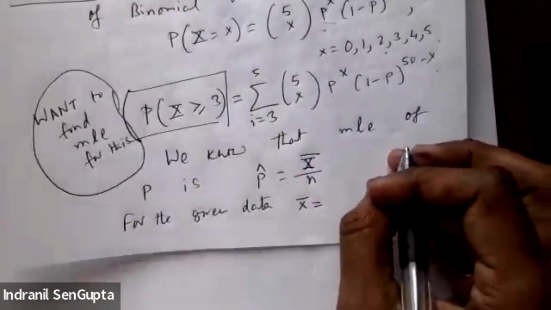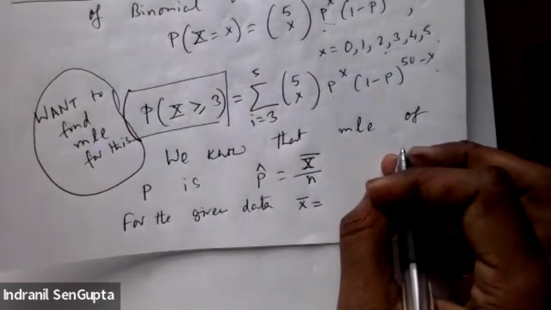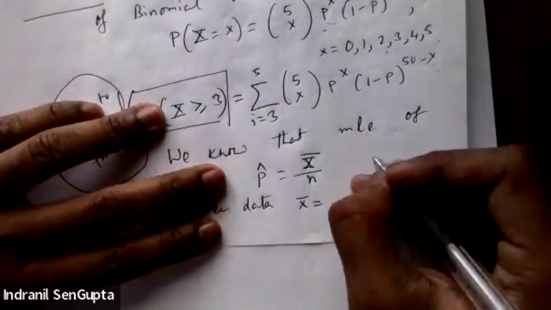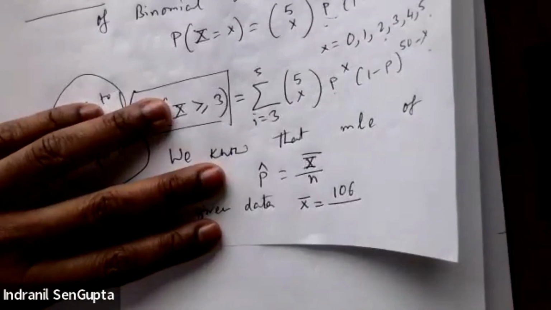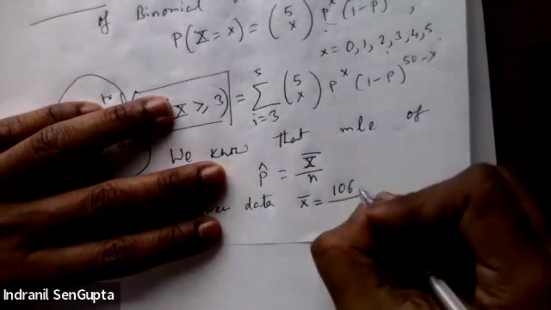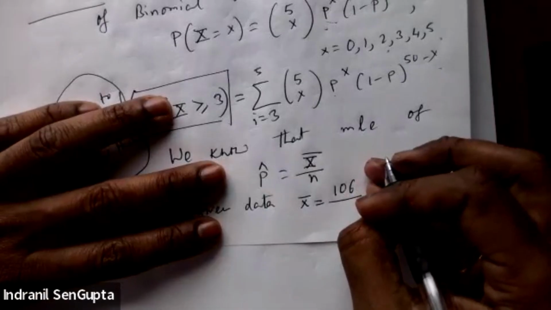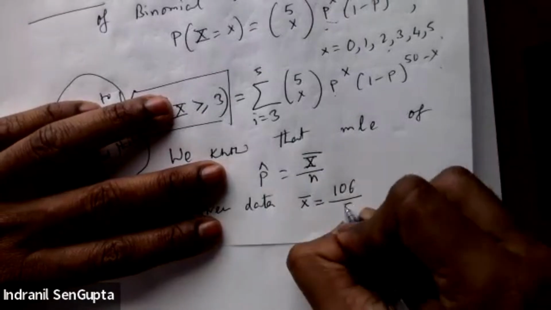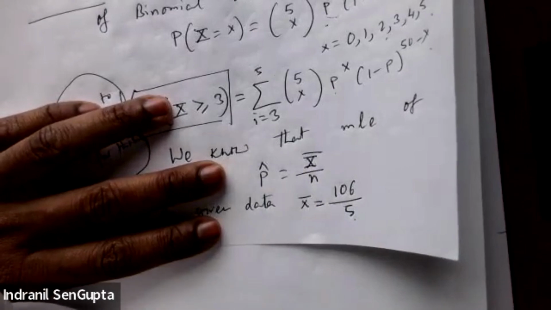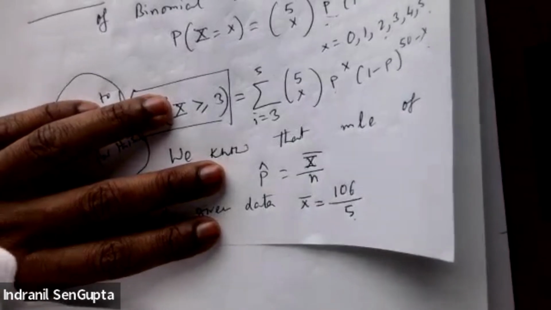X bar is basically multiplying all the frequencies and adding. I'll leave it up to you, but once you compute this, you'll get 106 divided by 50. That's x bar, you can check.